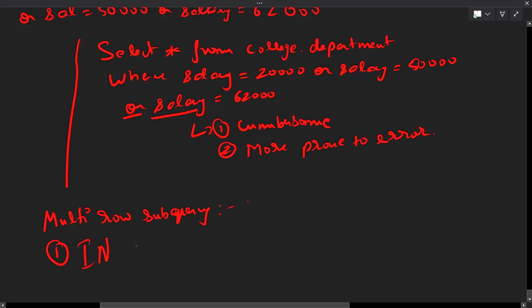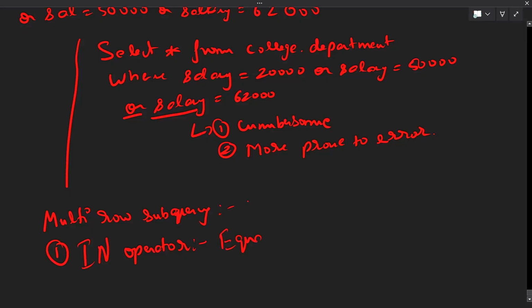The in operator means equal to any member in the list, which is equal to any member in the list.